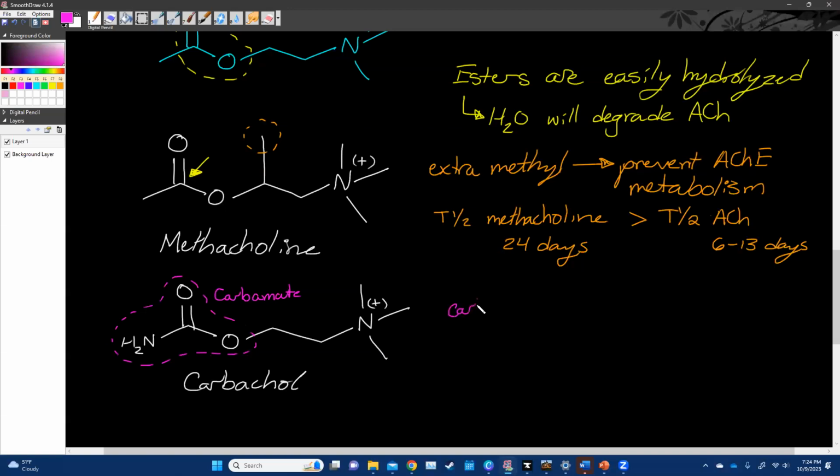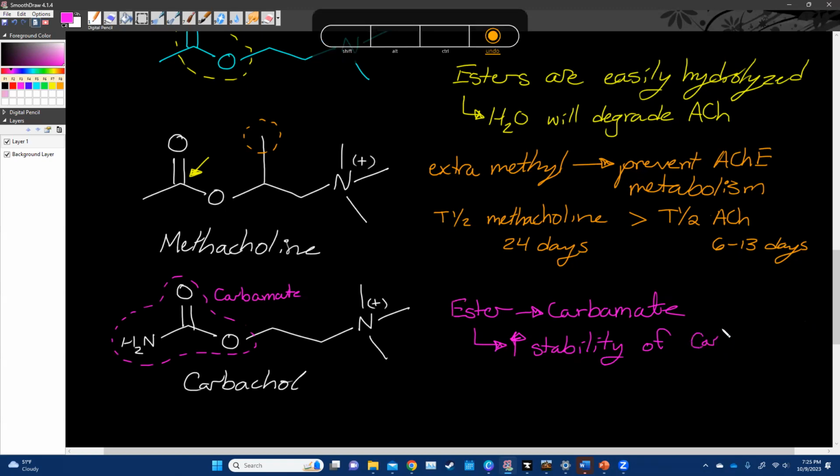Now, carbamates, so changing our ester into a carbamate, what this is going to do is increase the stability of the carbonyl carbon.